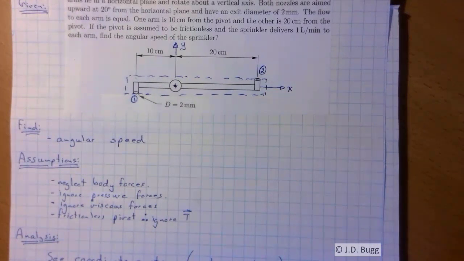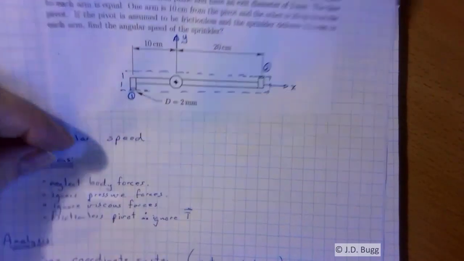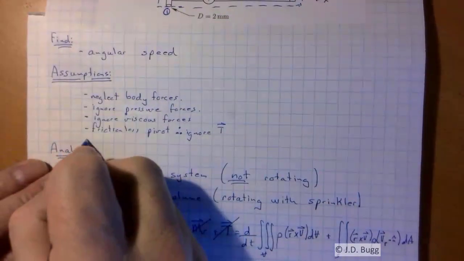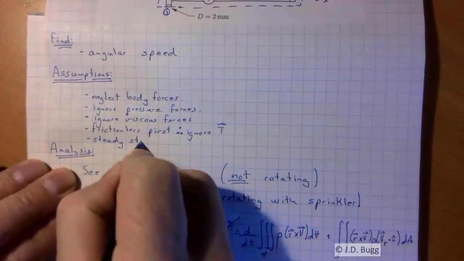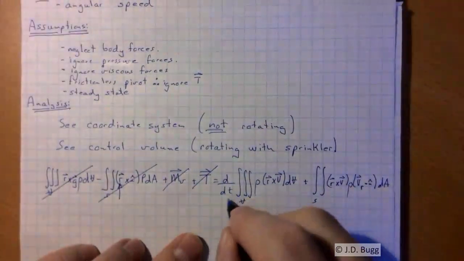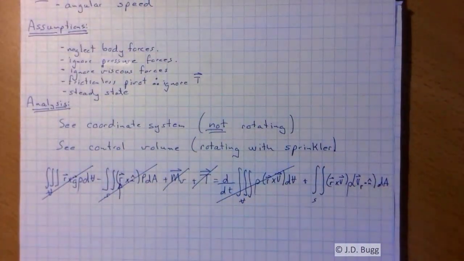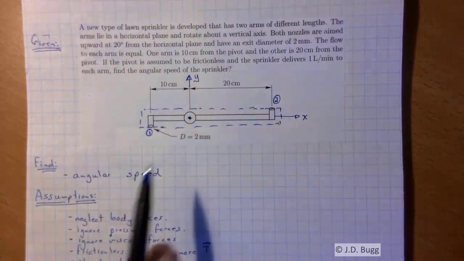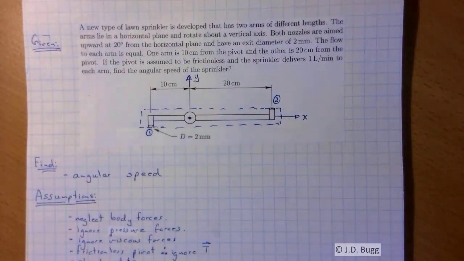So this is a steady problem because of our choice of a rotating control volume. So we can say that this is steady state. And that allows us to cross off the unsteady term. So that's a huge simplification in analyzing this problem, and it's a result of us choosing a rotating control volume.